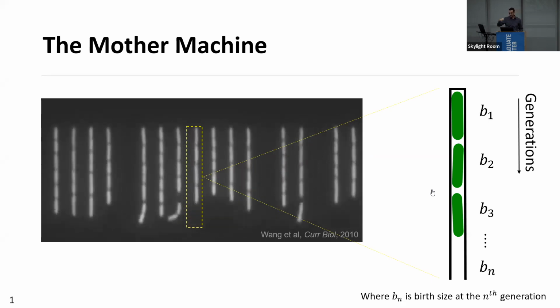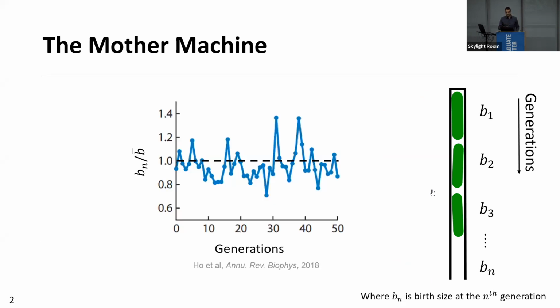With each division, you measure the birth size of the mother. So you end up with data like this of a single lineage measurement of size across generations. And you can see that the size is distributed around some mean. This is the data that I'm going to be working with today, trying to develop our theory.